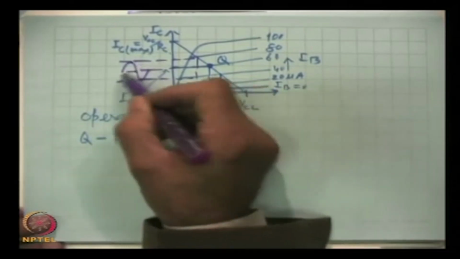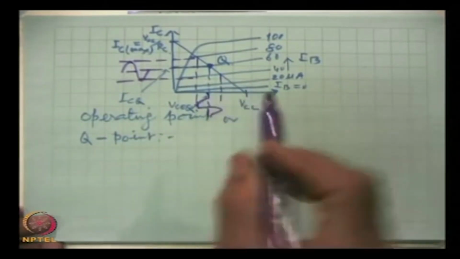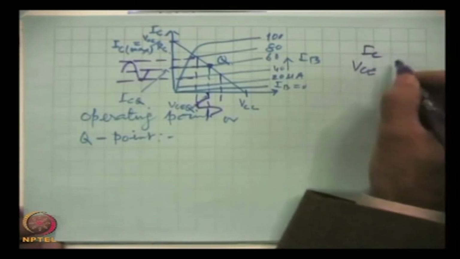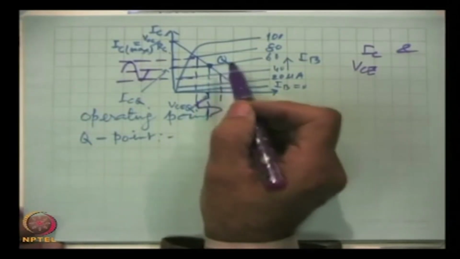So the currents and voltages, the collector current IC and the voltage VCE, both will vary across the Q point.